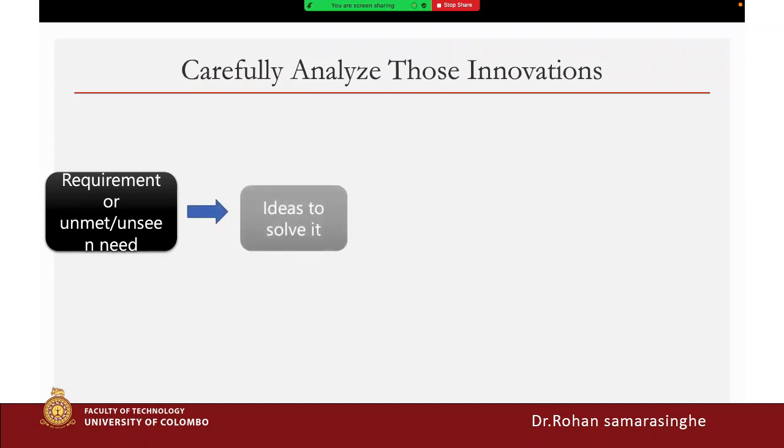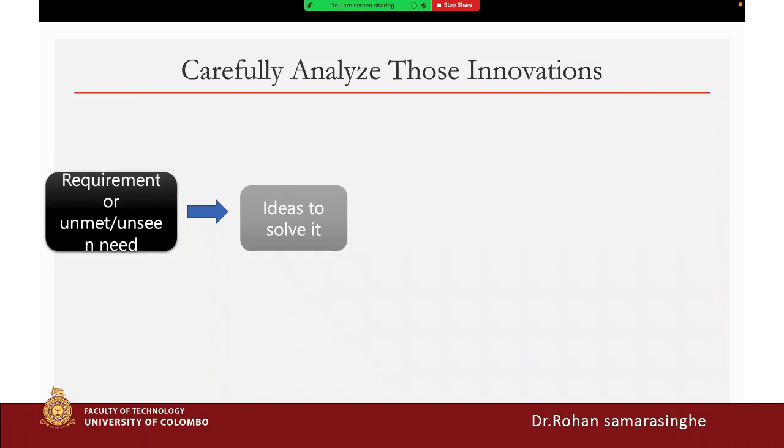And for that, first of all, there is a requirement, then to satisfy that requirement, you can have different ideas, and that will be the opportunity for the researchers to introduce a new product or service. To introduce a new product or service, definitely you will have to have an idea.